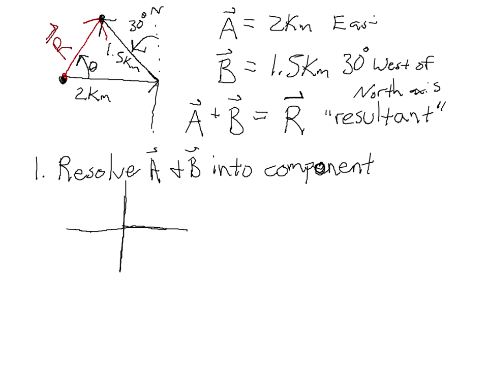If I draw a vector off like this, then that vector is partly in the x direction. See, the x direction is here and the y direction is here. So that vector is partly in the x direction and partly in the y direction.